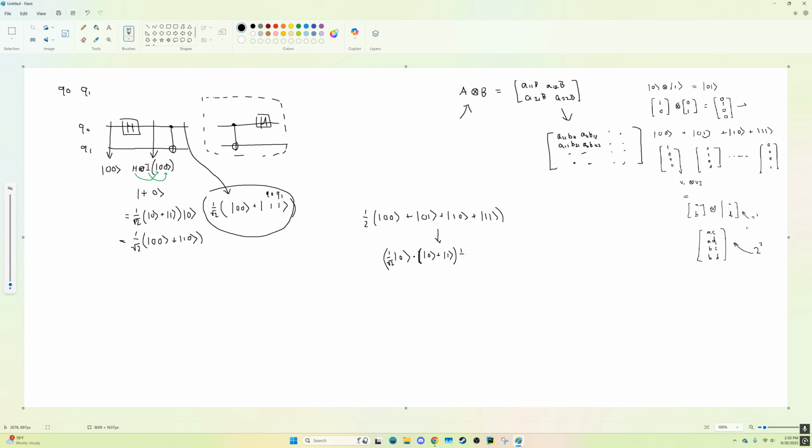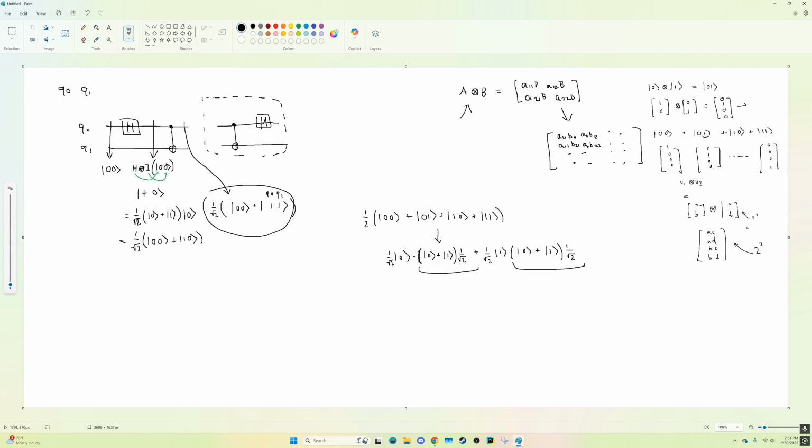And I'm just going to put a 1 over square root of 2 right here. And then you will do the same on the other side where you pull out a 1 on the left qubit, and that'll be 1 over square root of 2 times ket 1, and then that times ket 0 plus ket 1, and 1 over square root of 2 times that.